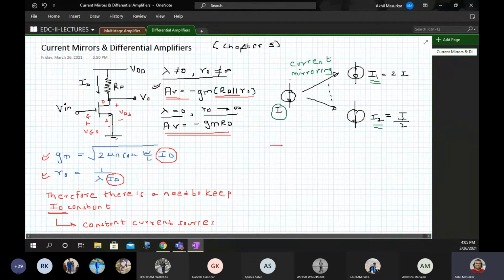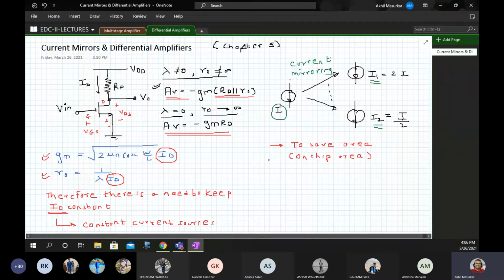Because we are going to save area, which is basically the on-chip area.